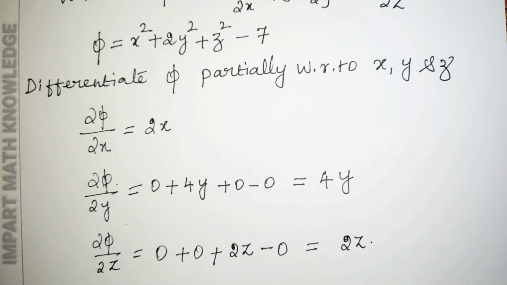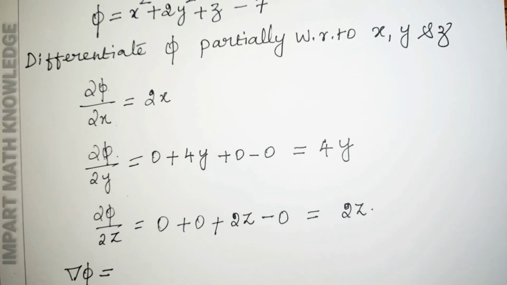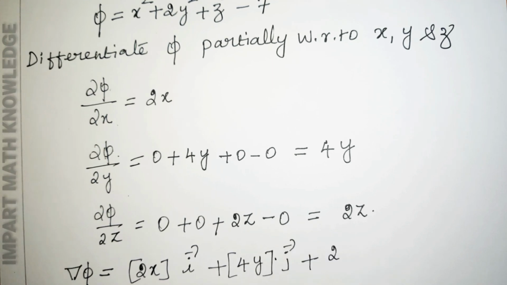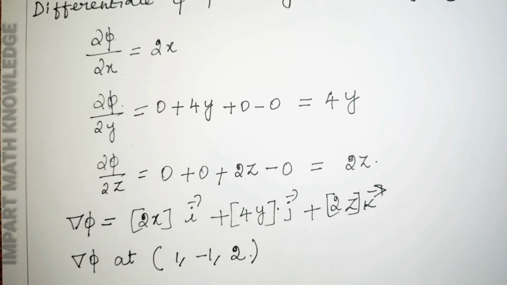Now substitute dou phi by dou x, dou phi by dou y and dou phi by dou z in del phi. Del phi is equal to 2x i vector plus 4y j vector plus 2z k vector. Next we have to find del phi at 1, minus 1 and 2. Put x is equal to 1, y is equal to minus 1 and z is equal to 2.